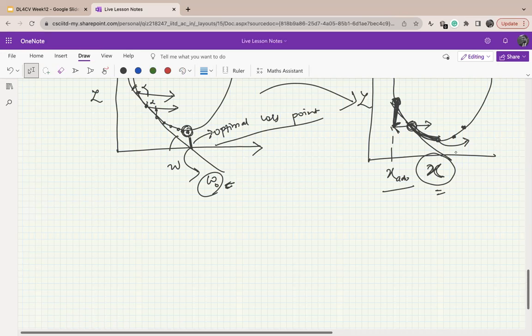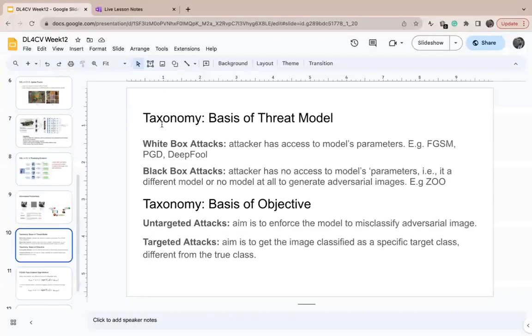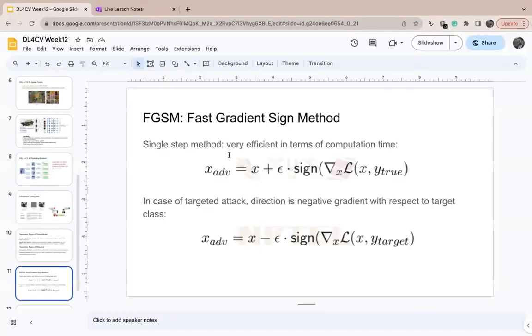If you remember in gradient descent, if you go in the opposite direction of the gradient, it will minimize the loss. If you go in the direction of the gradient, it will increase the loss. So that is X adversarial, and since it is increasing the loss, it will rearrange the probability score of the output layer, and this target probability score will change the label.